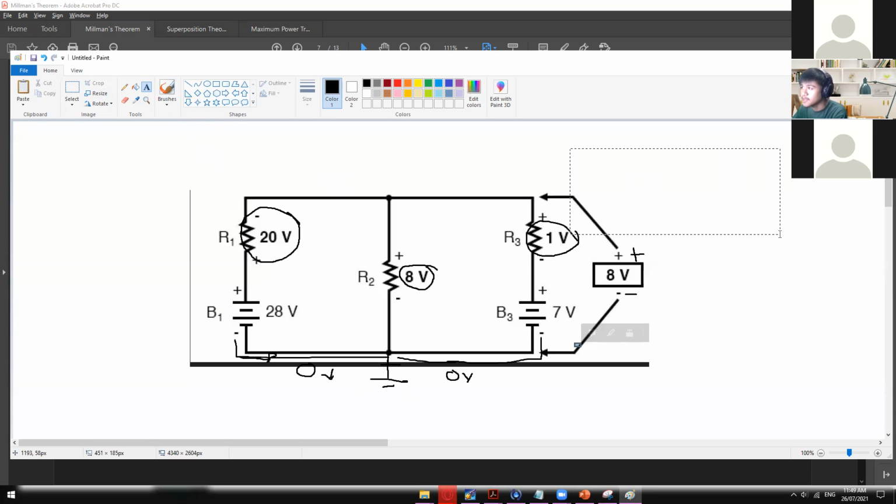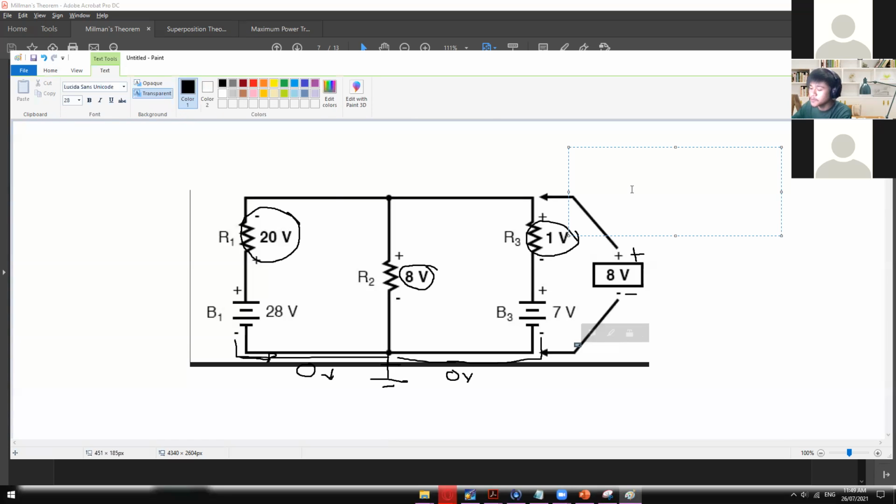Okay, so ulitin ko lang. Una yung computed. So ito is voltage across resistors. Okay, computed voltage. Ano kayong tawag natin dito?